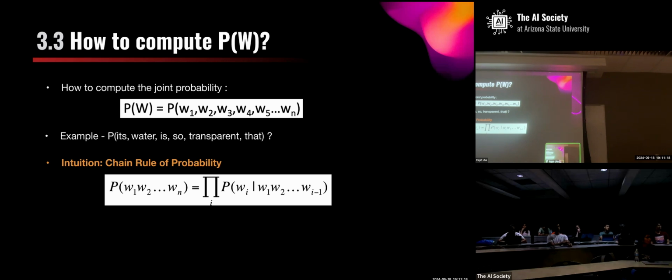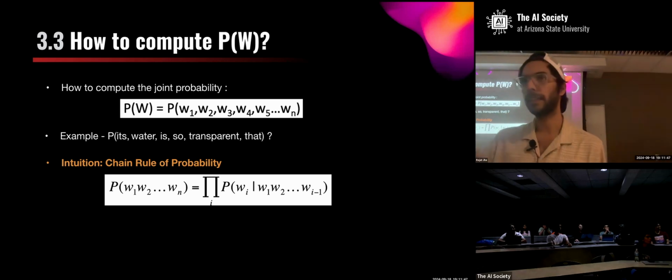In that formula for conditional probability, if you transfer the denominator to the other side, you will get probability of A given B into probability of B. Similarly, I said this formula for two terms; if you expand it to n terms, this is what you will get. Let's say we have three words, NLP is fun.